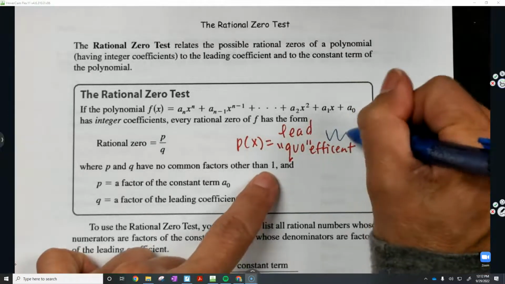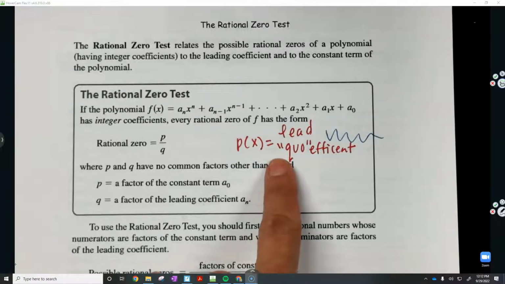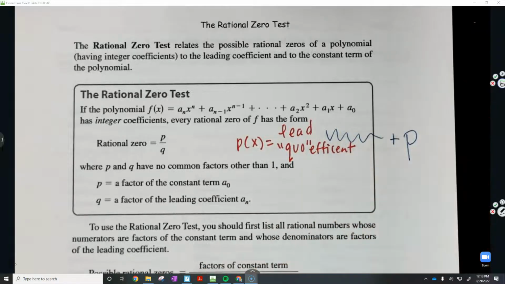Then you're going to have blah, blah, blah, all this other stuff in the middle of your polynomial, x to the 4th, x to the 3rd, negative 2x squared, whatever. It doesn't matter for this. All that matters is the first term and the last term, which we call p. So q is the first term. The stuff in the middle doesn't matter. P is the last term.